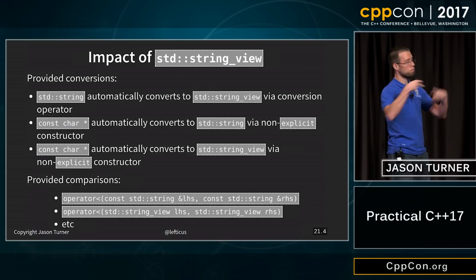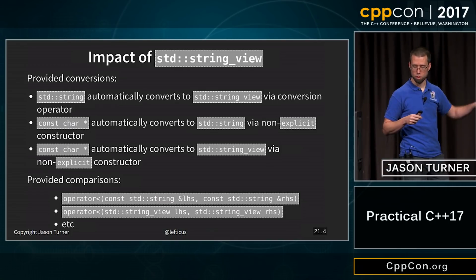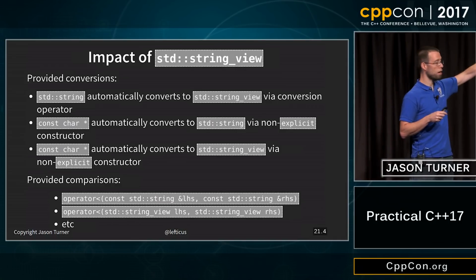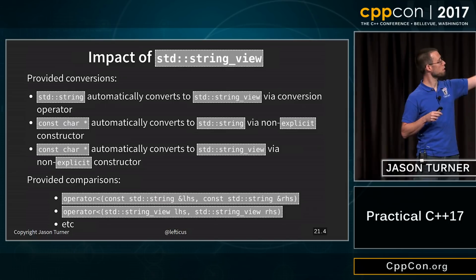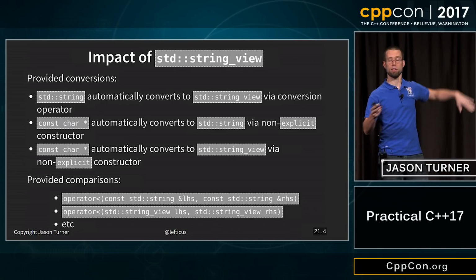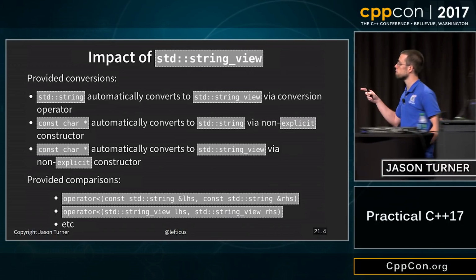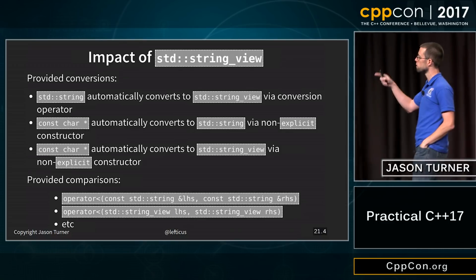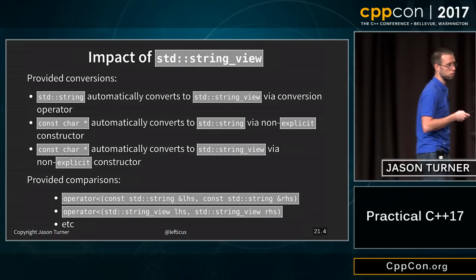So we've got this intersecting thing. And the comparison operators exist for string_view like this. So if you want to do a string_view less than a standard string, that's going to compile and work, because it's going to implicitly convert your string into a string_view and then call the less than operator for comparing string_views together.